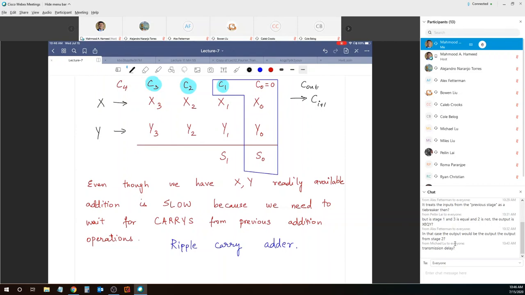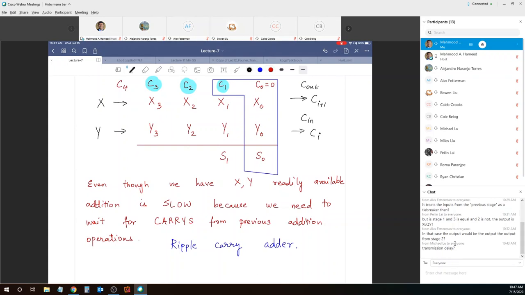And for Cin, I will use C sub i. So for example, if i is 0, you get C0 and C1 here, and so on. Cout is C sub i plus 1, where i is the index of the bit position being added, and Cin is C sub i, the index being added right now.